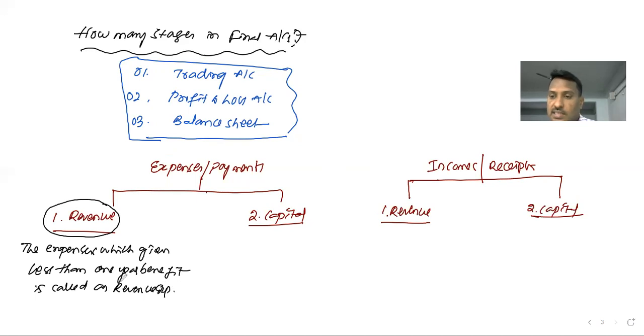This means the benefit duration of these expenses is less than 1 year. Plenty of examples are there, so many expenditures which give less than 1 year benefit in the business.